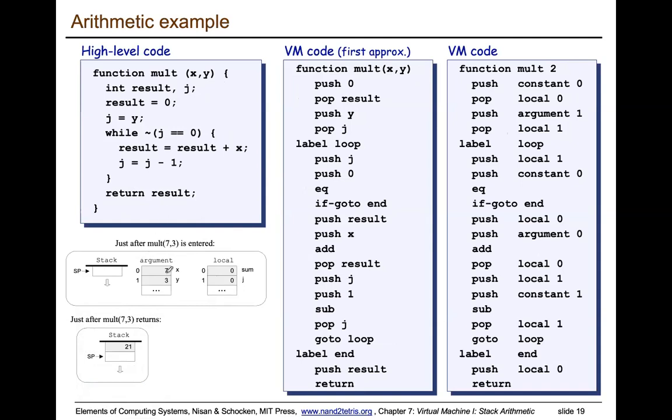If we want 7 times 3, then I have the local variable for 0 and 0. So J is 0, result is 0. So it's not summation. Actually, this one should be the result, right? So this one is the result. Okay, so the result is 0 here.